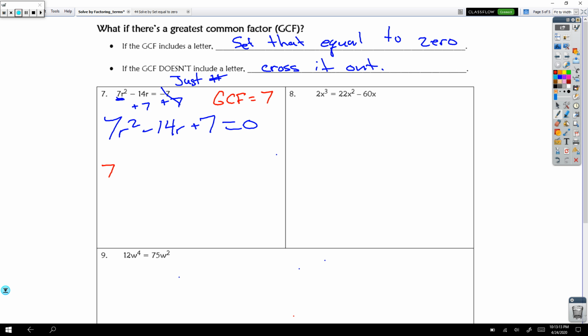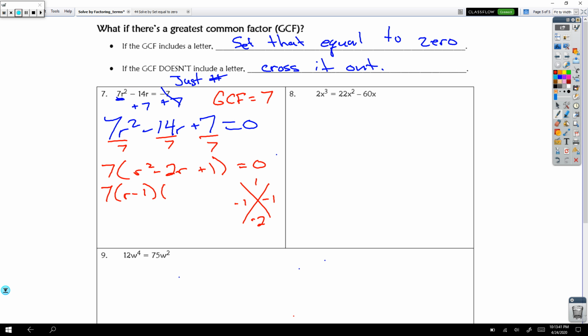So, putting that GCF out front, divide by 7, we would have r squared minus 2r plus 1. Now, when I think about factoring, the r squared is by itself, so I would just do big X. Factors of 1 that add up to negative 2. It would have to be negative 1 and negative 1. So we would have 7, r minus 1, r minus 1.